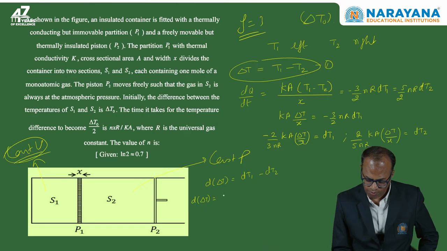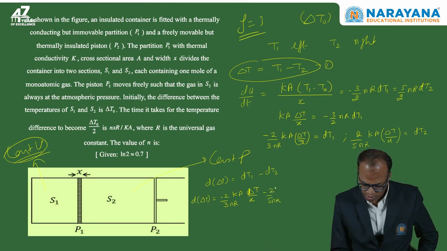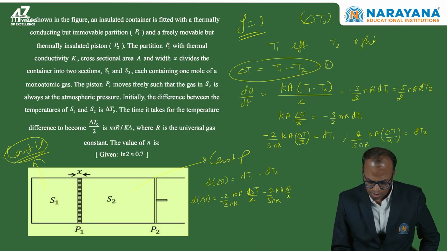So d of delta T will be equal to d of T1, which is minus 2 by 3 nR Ka delta T by x, minus d of T2, which is minus 2 by 5 nR into Ka into delta T by x.